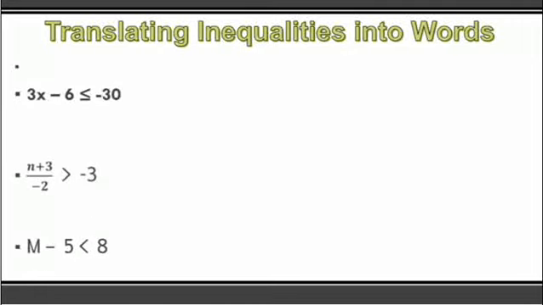A couple other ones. 3x minus 6 is less than or equal to -30.